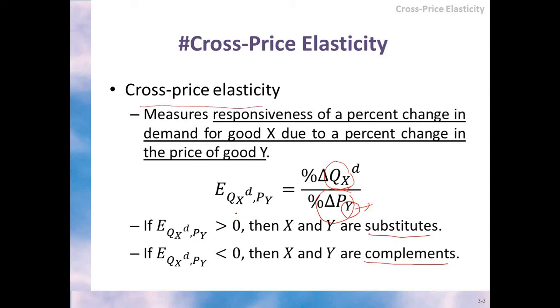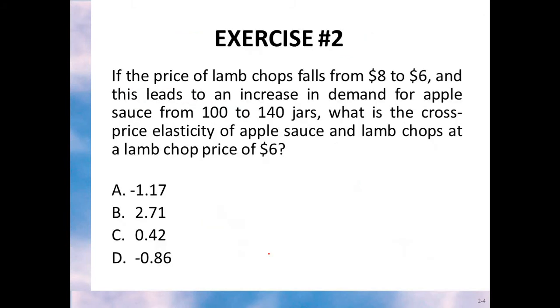If you calculate the elasticity and the value is positive, more than 0, then X and Y are substitute goods. If the sign is negative, less than 0, then X and Y are complementary goods. That is the difference when we talk about cross price elasticity.